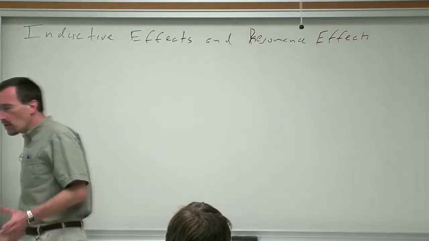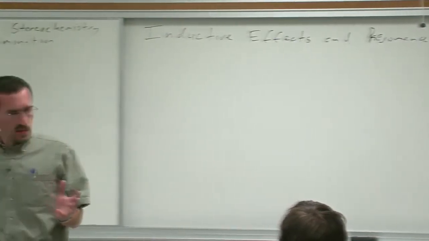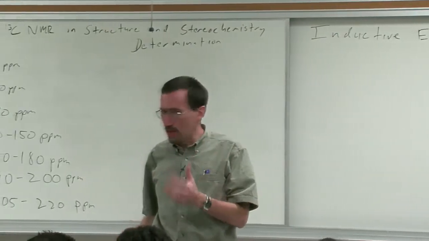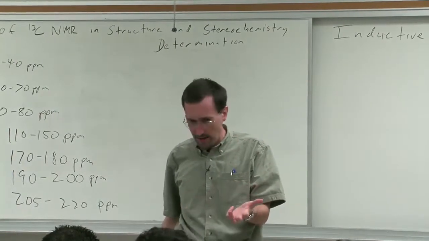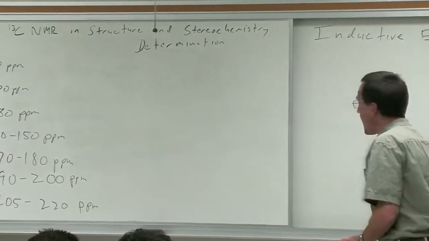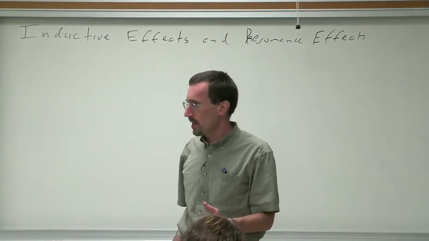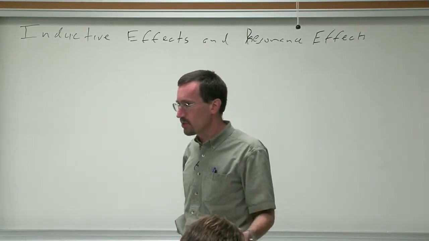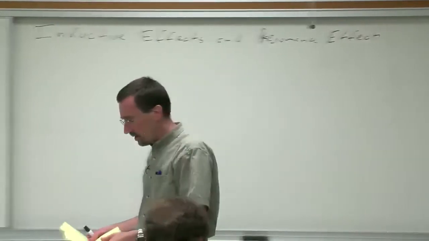Electron density plays a huge role in chemical shift, because electrons contribute to the shielding, or deshielding if they're absent, of various nuclei. So if you have substituents that increase or decrease the electron density in a carbon, you're going to shift that carbon upfield or downfield. Let me show you what I mean.